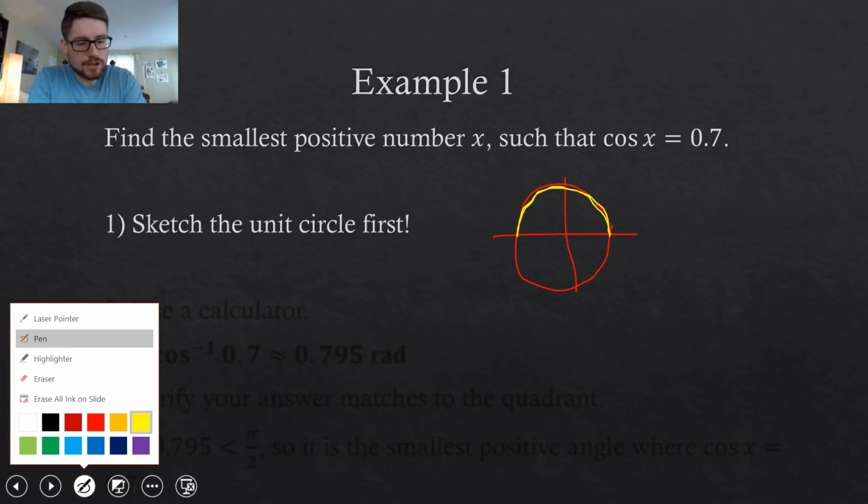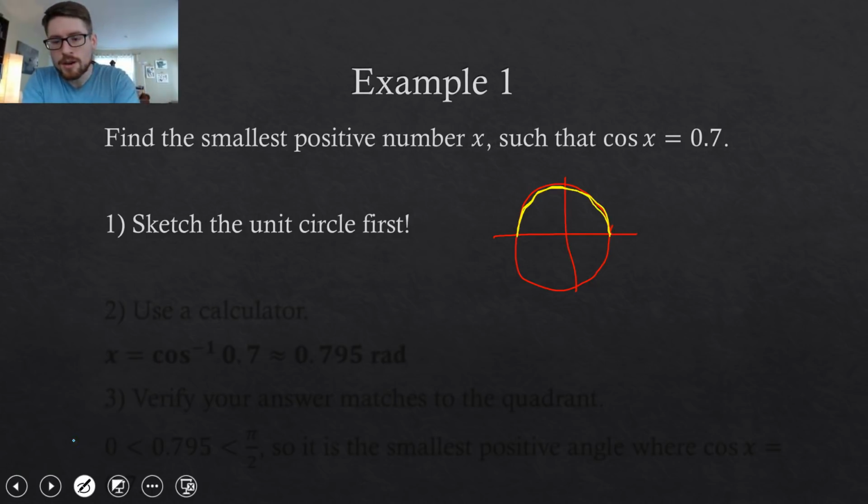But let's go ahead and draw what we are interested in. We need to find the points where the x coordinate is 0.7. So that's roughly here. This would be an x coordinate of 0.7. And you could find the y, but who cares for now. So this would also be an x coordinate of 0.7. So I'm going to draw the two possible angles.